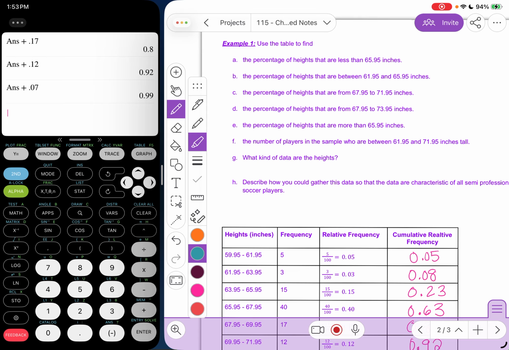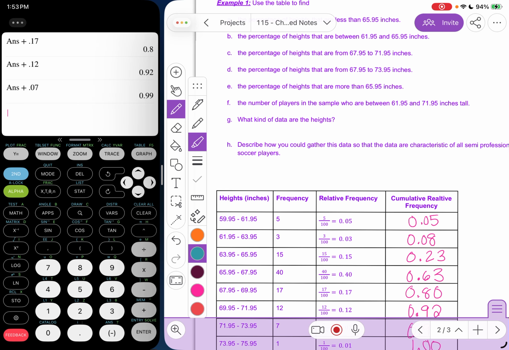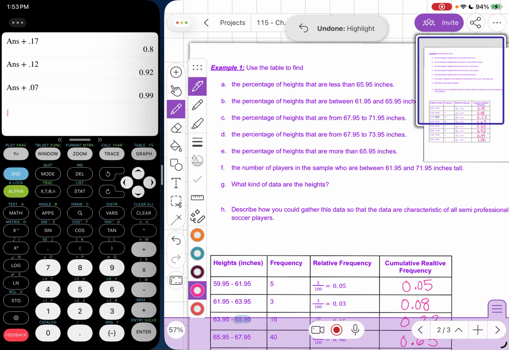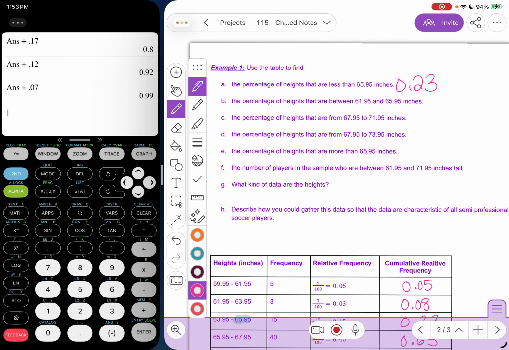So the percentage of heights that are less than 65.95. So here's 65.95. So the percent less than that would be all of these percents. So we could add those up by hand, or we can just use this cumulative number and get 0.23. So I'm just going to write that up here, 0.23.